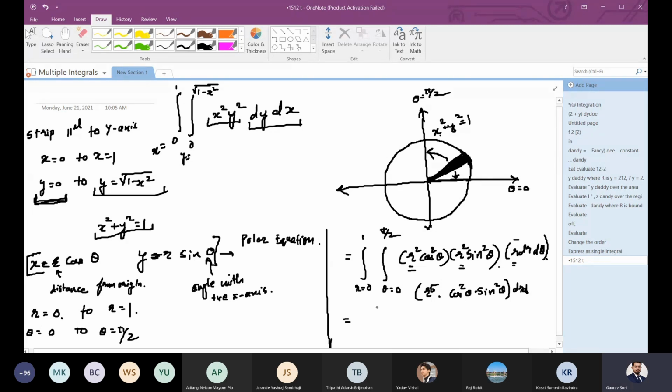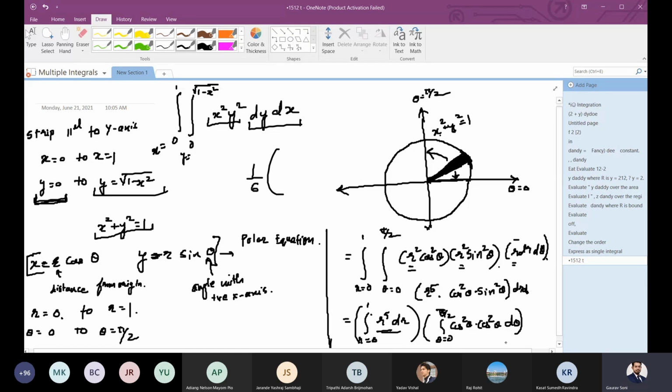So what is the benefit? How can we solve this? We can separate the integral as integral from 0 to 1 of r raised to 5 dr, as the limits are constant and the integrand can be written as the product, times integral from theta equal to 0 to pi by 2 of cos square theta sin square theta d theta. r raised to 6 by 6, so we'll have 1 by 6.